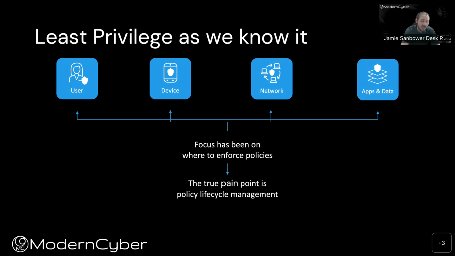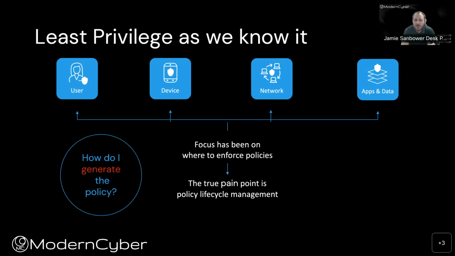And in reality, you have to really focus on the policy lifecycle management components. And for many people, being able to generate a baseline policy for least privilege access to data, for example, is very painful if you don't have the appropriate tools and you don't have the appropriate staff that has the time to look and inventory that data.